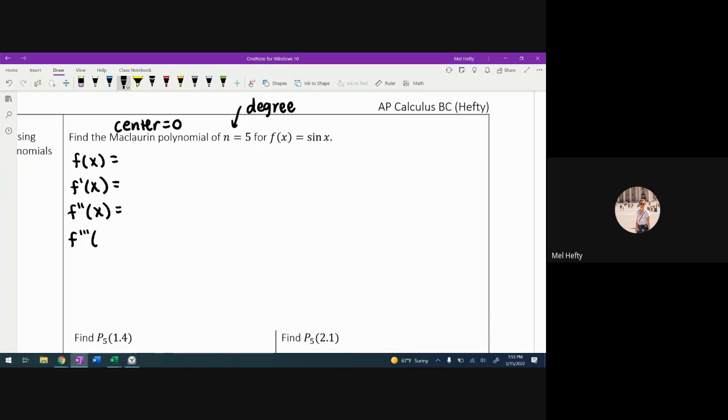It's just 0 for sine. I don't like it. Just revealing some bias here.